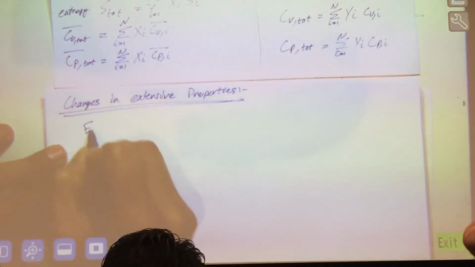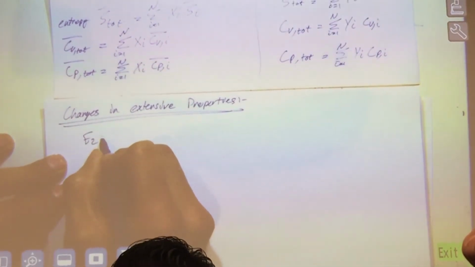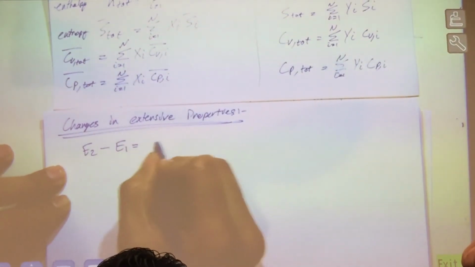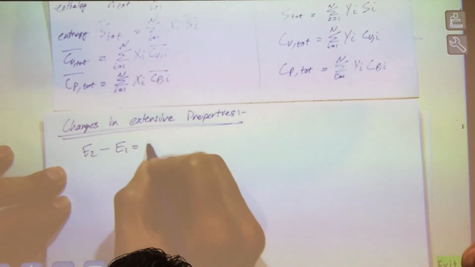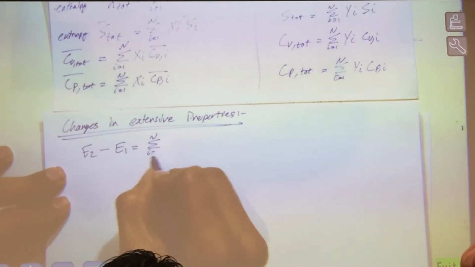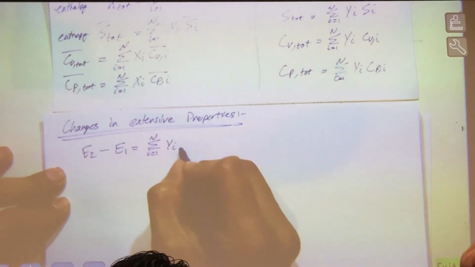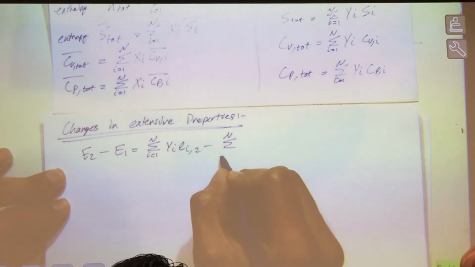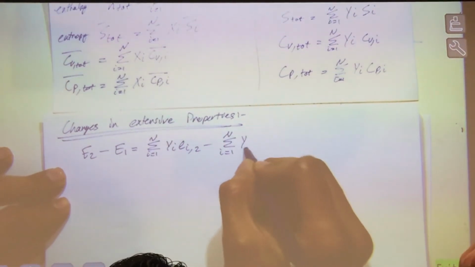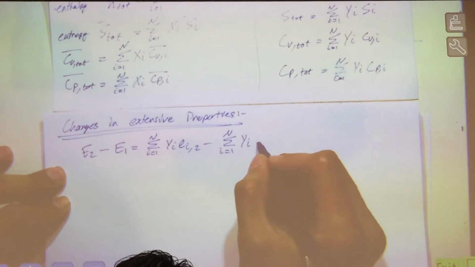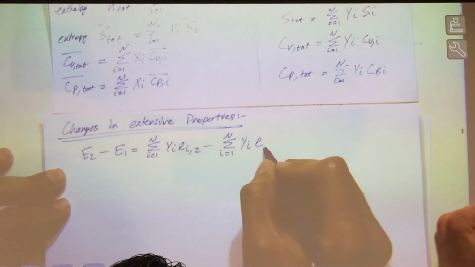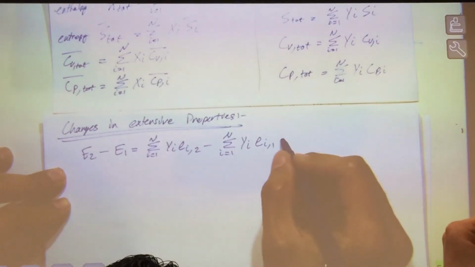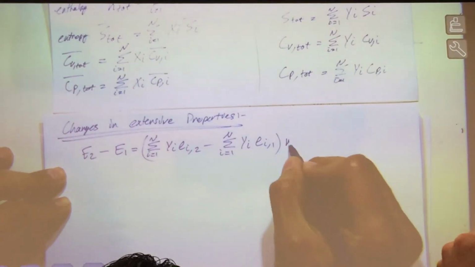Well, if I have E2 minus E1, it's going to equal what we wrote before: the summation over i of the mass fraction times e of i at state 2, minus the summation over i of the mass fraction times e of i at the first state. The whole thing multiplied by M total.